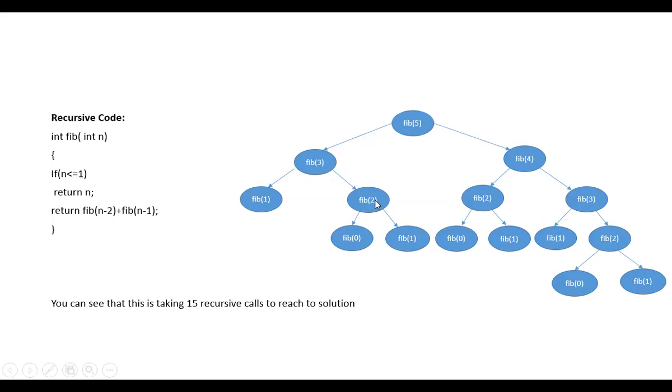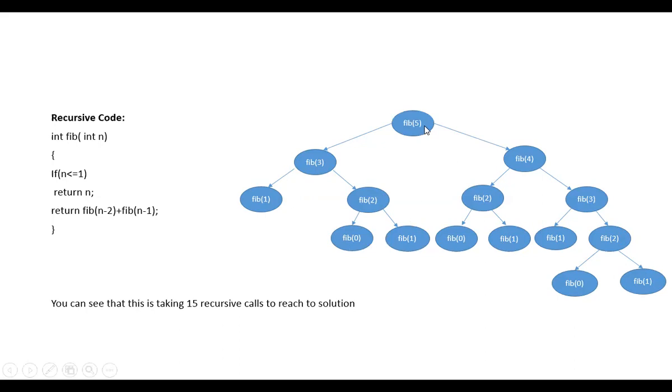When this Fibonacci 2 is called, it will further call two more functions, Fibonacci 0 and Fibonacci 1. Now there will not be further calling for these two functions, as the n value is 0 in this case, and 1 in the other.